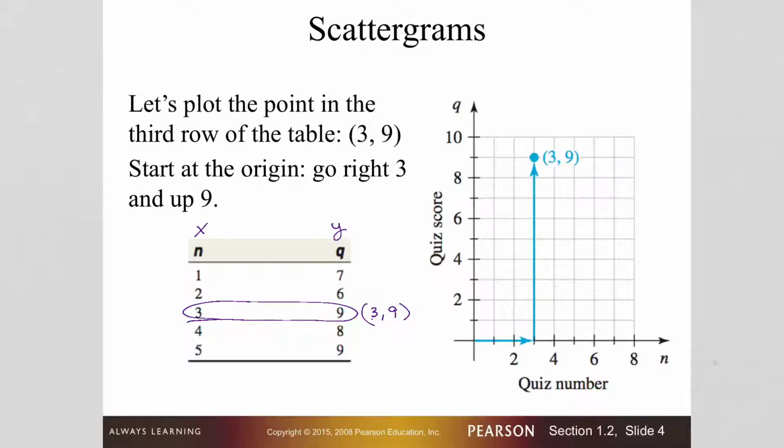Now, I know on the next page they're actually going to graph all the other points, but let's do this one at a time. So 1, 7, that means right 1, up 7.